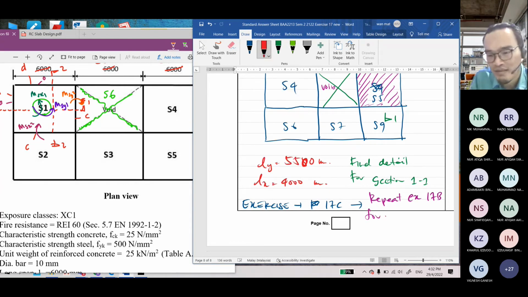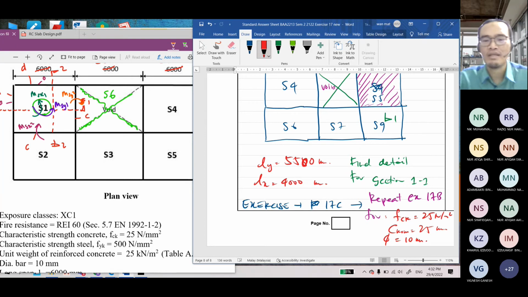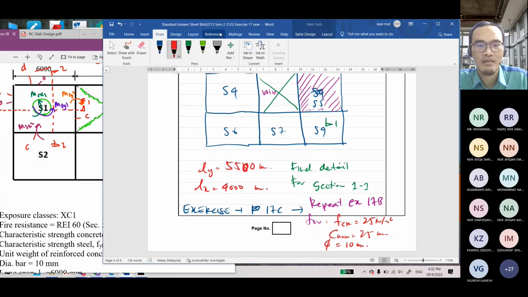Vignesh boleh buat ni kan? FCK is equal to 25 Newton per millimeter square. C nom is equal to 25 mm and diameter is equal to 10 mm. Okay, so this is your duit raya from me.